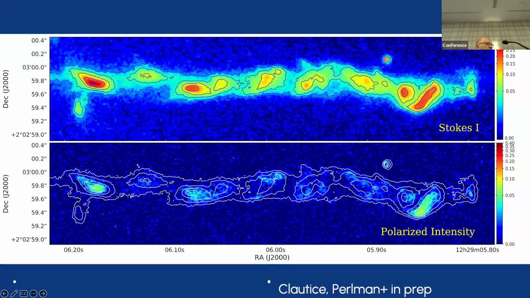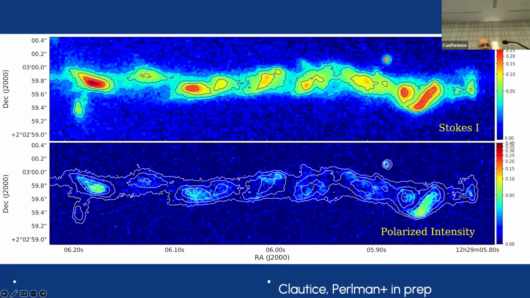These are results from my grad student, now finished, Devin Clautice's work on 3C273. This is HST observations of the 3C273 jet. For those of you that do not remember, the jet is all the way off the field to the left.